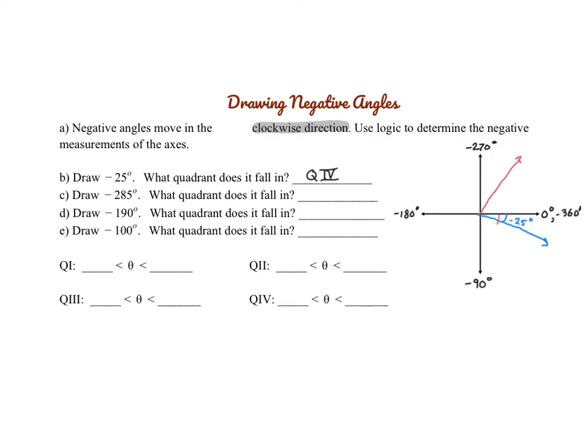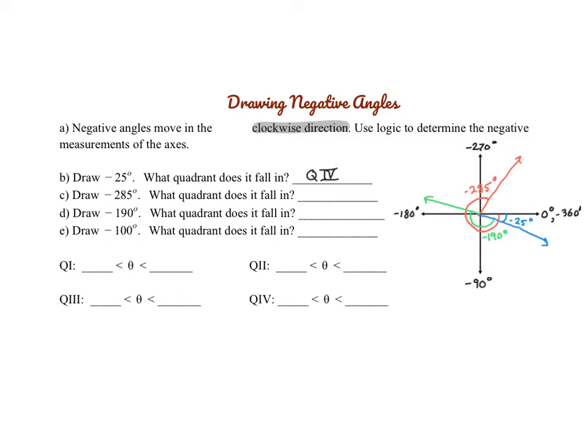And it looks something like this. So that's negative 285. Let's do negative 190. That's going to be between negative 180 and negative 270. So we can draw that here in quadrant 2, like this. So that's negative 190. And then negative 100, we can see is between negative 90 and negative 180.